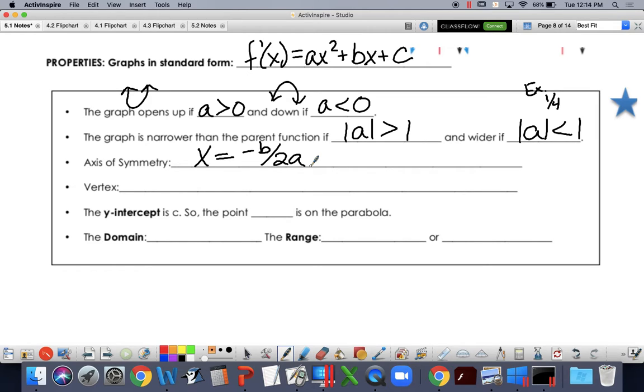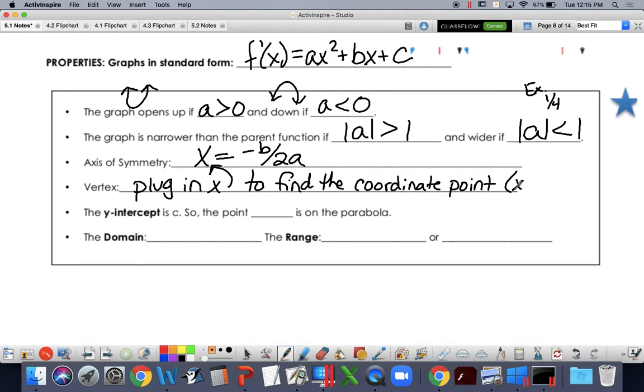Now, in order to find the vertex, we know the vertex exists on this axis of symmetry. It's somewhere on that line. So what you do is you plug in x from here to find the coordinate point. You take this x value that you have here, and you plug it into your original equation.